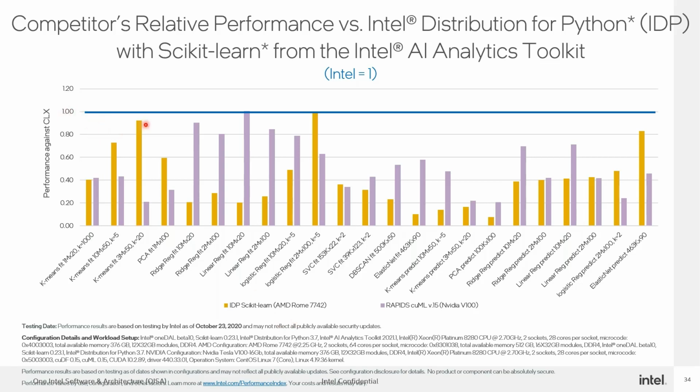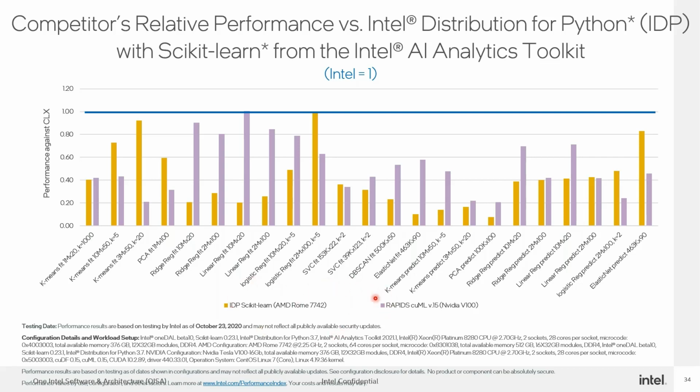If the number exceeds 1.0, exceeds this line, then it shows that AMD Rome has better performance than Intel platform. So from this graph, we can see that for all of these workloads, Intel platform has better performance compared to the AMD Rome.